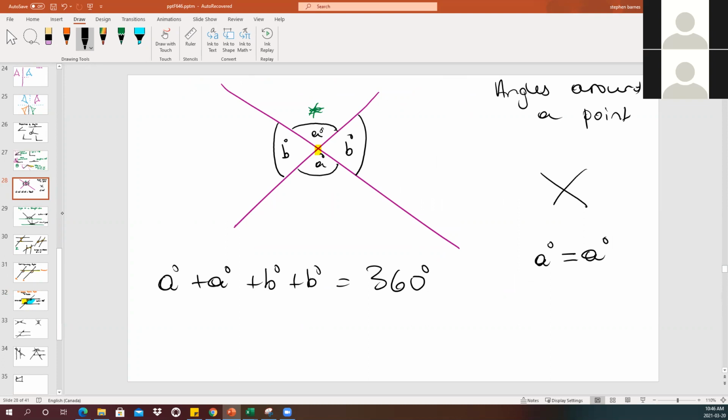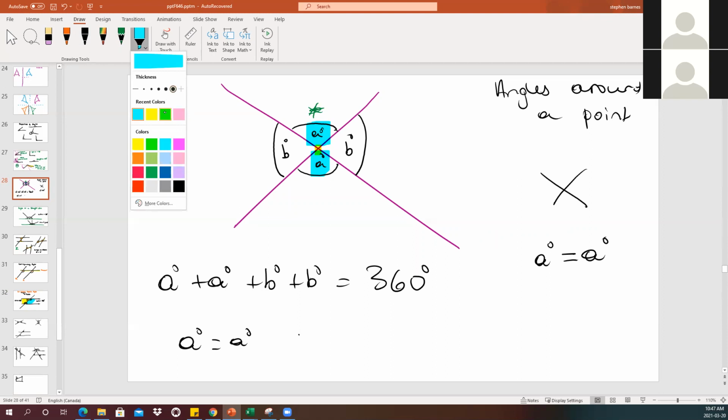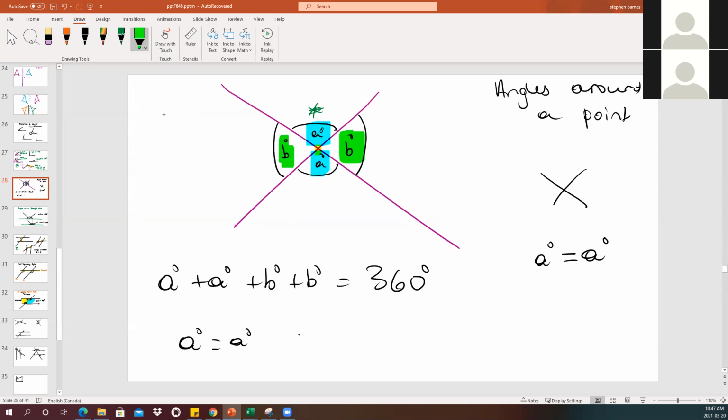And also, A and A are the opposite vertical angles, they're equal, as in they measure the same. So A and A are opposite around the point, so they are equal, meaning that they literally have the same size. B and B are opposite around the point, so they are equal as well.